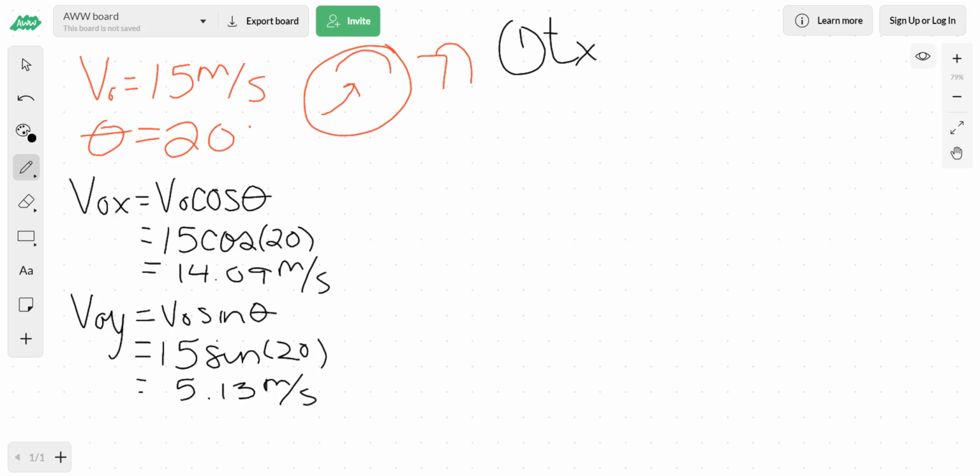So to find time in the x direction, we either need time y, or we need velocity in the x direction and distance in the x direction, because those are the only things that involve tx. So to get time y, what we need to know would be the v final in the y direction, the v initial in the y direction, and gravity.